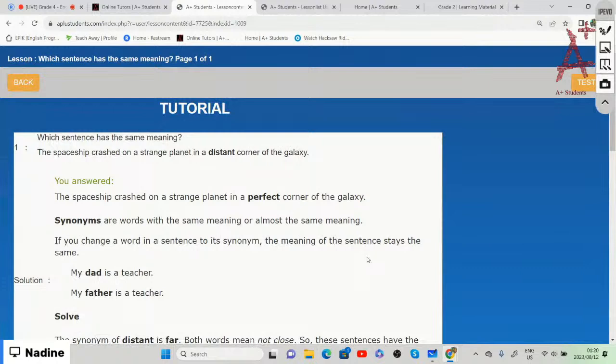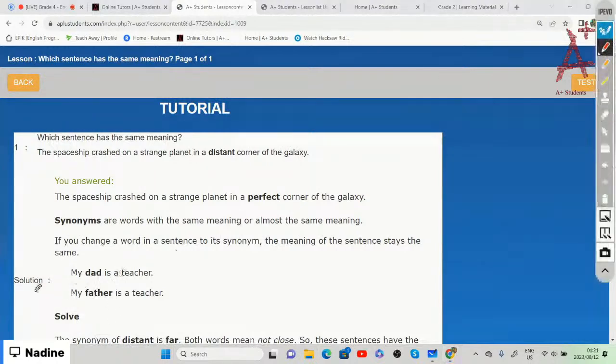For example, my dad is a teacher, right? If we replace that word with a word that is similar in meaning, then we can say, my father is a teacher, right?